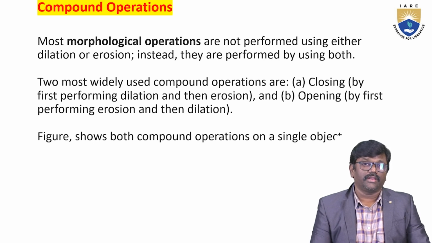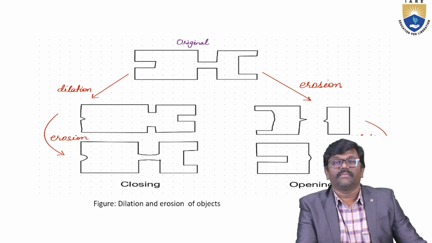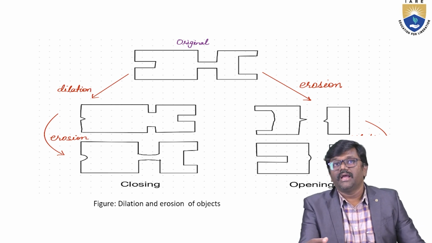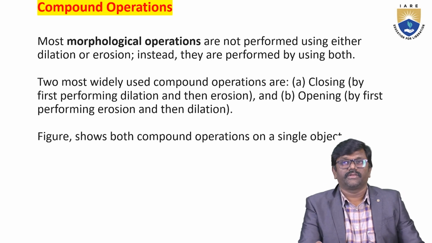First you apply dilation, next erosion. Whereas opening means first performing erosion, then dilation. So this is the dilation and erosion of the object. That means at a time two morphological operations are here, dilation and erosion. Once you go ahead with the closing operation, that is a compound process here.